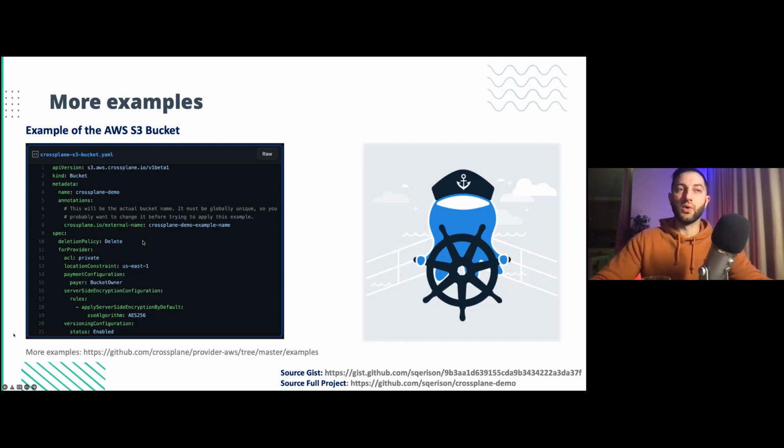The other option is orphan, which means if you delete this resource, I mean the YAML file, from Kubernetes, the S3 bucket will stay undeleted on AWS, so it will be orphaned. And the forProvider section is basically the description of your S3 bucket, which is ACL, the region, the encryption, the version control, anything else, everything that you can apply to your S3 bucket.